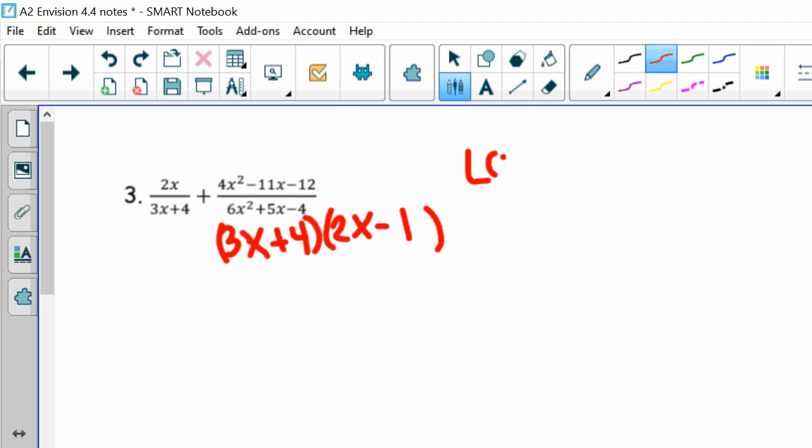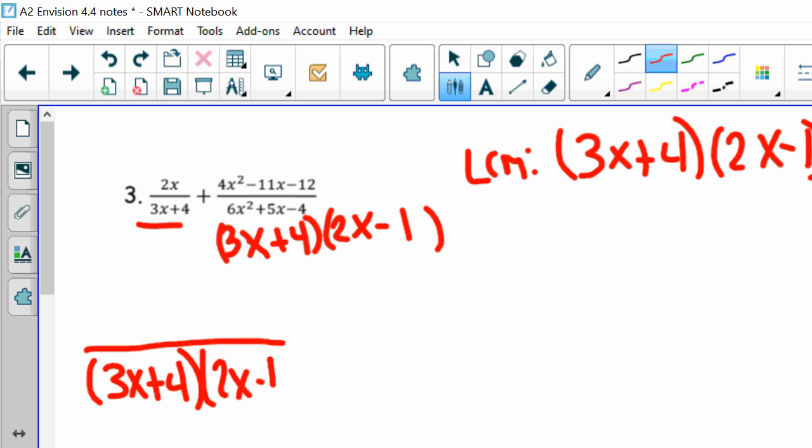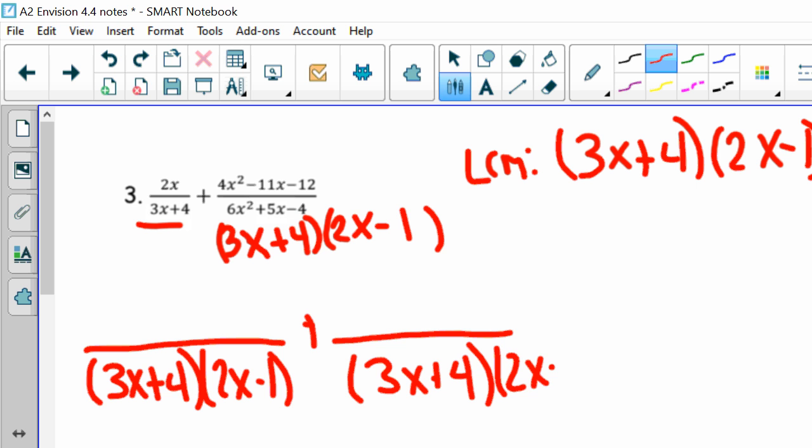So my LCM, and usually it's a good hint, look at what you already have and that can help you factor. So I have a 3x plus 4 and a 2x minus 1. So that's my LCM. So 3x plus 4, 2x minus 1, plus 3x plus 4, 2x minus 1.